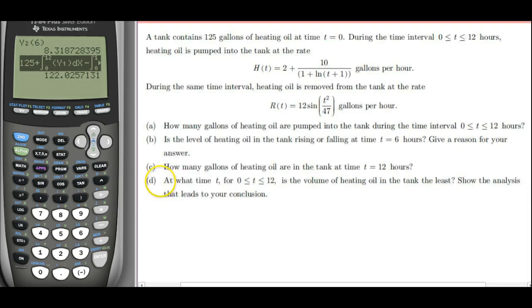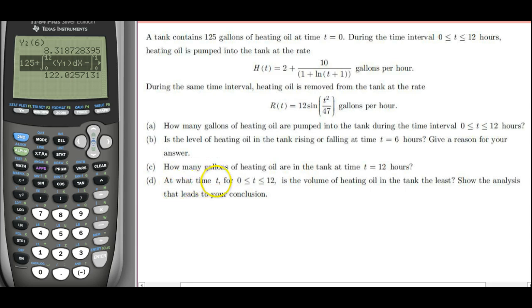And finally, part D, and this is one of the trickiest parts of really any problem that involves this concept of one function that has something coming into an object and then another function that takes away. So this is going to be a little bit intensive on the graphing calculator and a little bit intensive to understand.